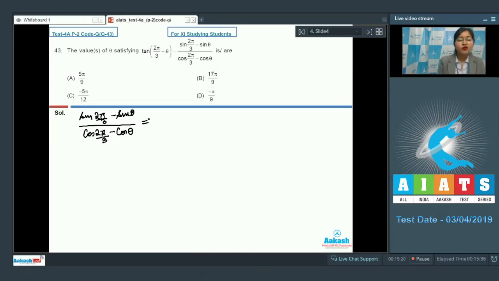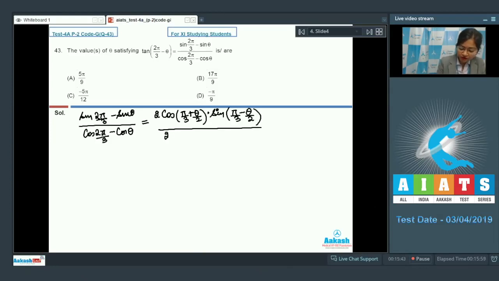So this can be written equal to, we know the formula of sine C minus sine D. That will be equal to 2 times cos of (C plus D) by 2, that is pi by 3 plus theta by 2, into sine of (2 pi by 3 minus theta) upon 2, that is pi by 3 minus theta by 2.